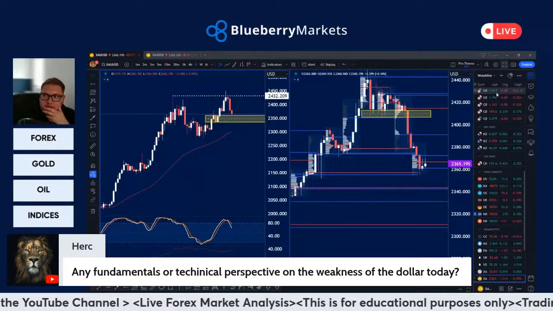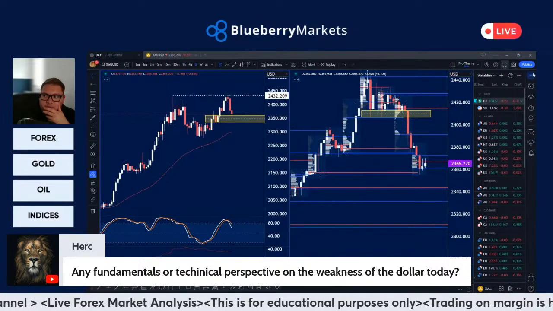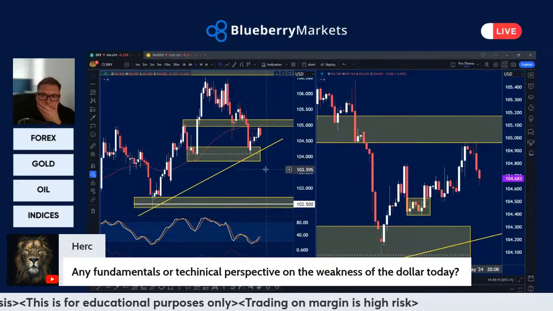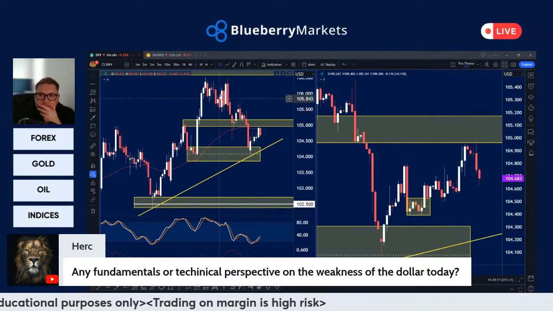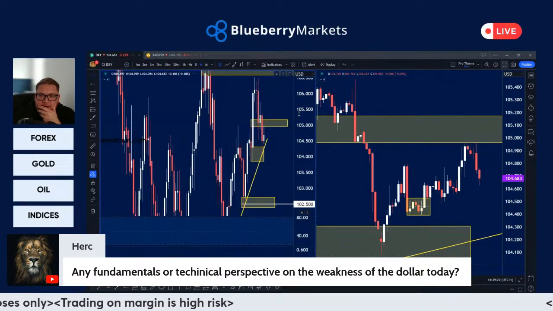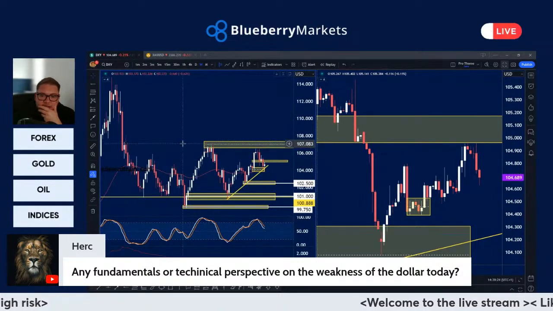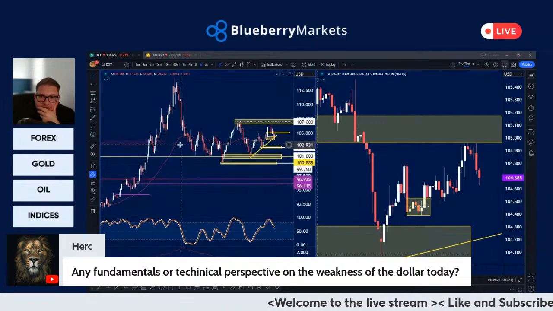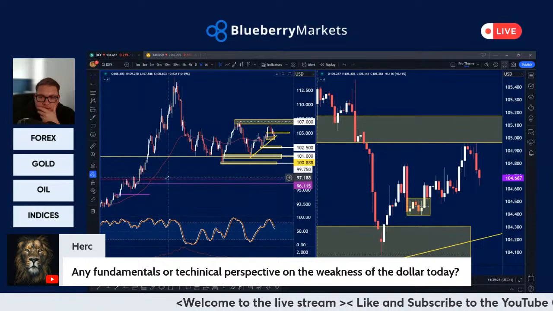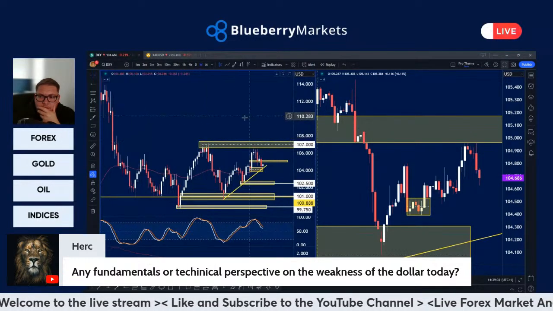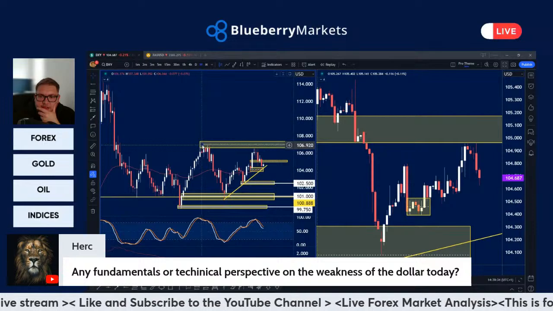I mean, looking at it from this point of view right now, just from a higher time frame, we are still in a range. We are still technically in a range, very much so. We've got 107s in here.